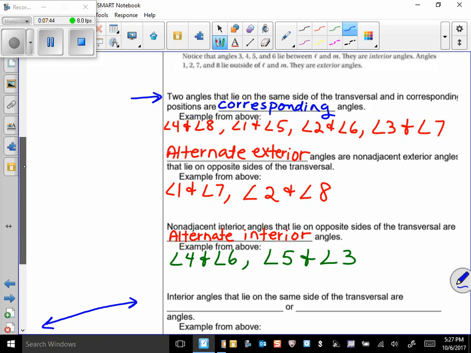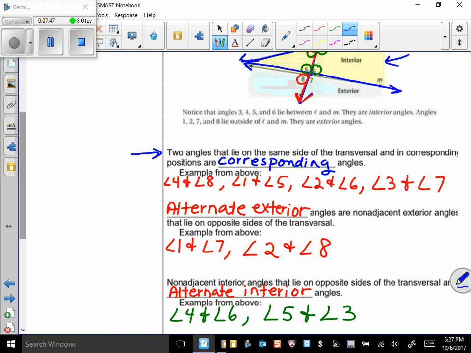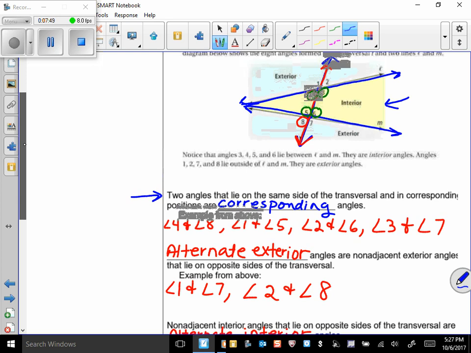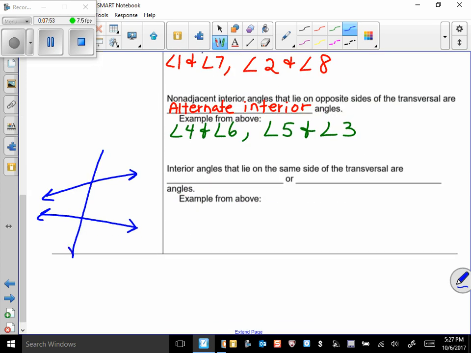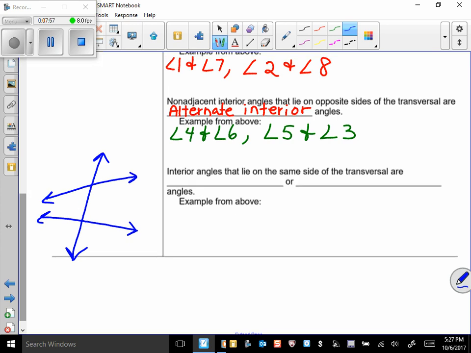And my transversal. So I got 1, 2, 3, 4, 5, 6, 7, 8.